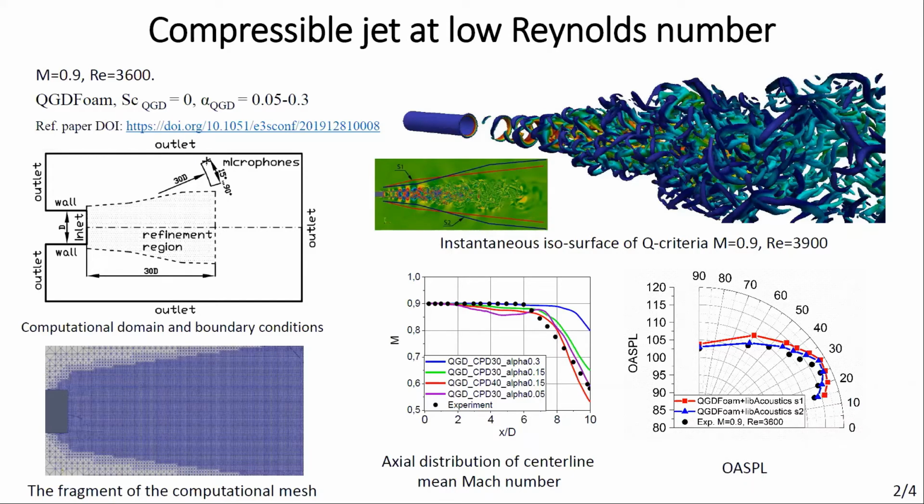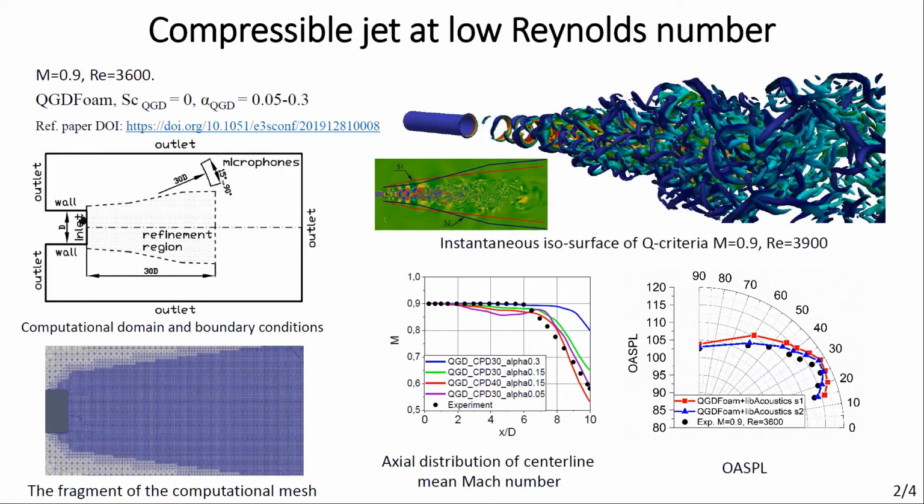The computational domain in this task was a rectangular parallelepiped in which the output boundary is removed by 100 diameters, and the side boundary by about 20 diameters.